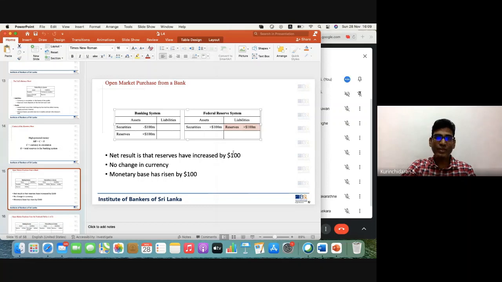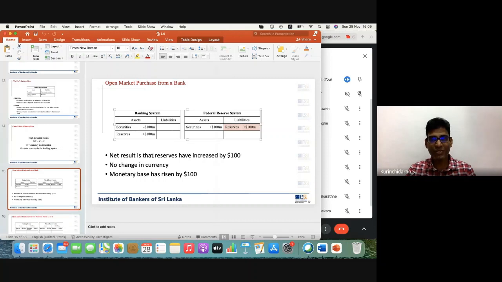Due to that, the bank's reserve increased by 100 million. Now they cannot have this 100 million just idling, sitting in the reserve account. No, the bank should lend that. Otherwise, the bank is going to lose the interest or return on that money.